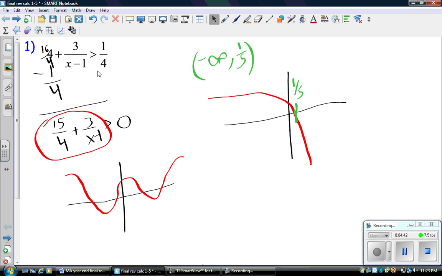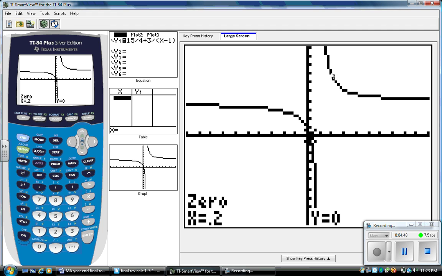Uh-oh, can't have that. So there is an asymptote, but then it picks back up, and we're above the x-axis, and if you kept extending this, this is above the x-axis forever. So again, this is the asymptote at 1, so it was from 1 to infinity that it stayed above the x-axis.